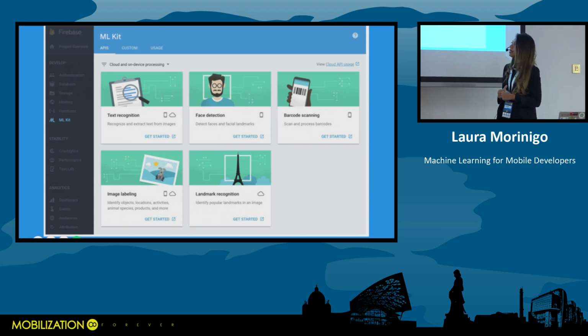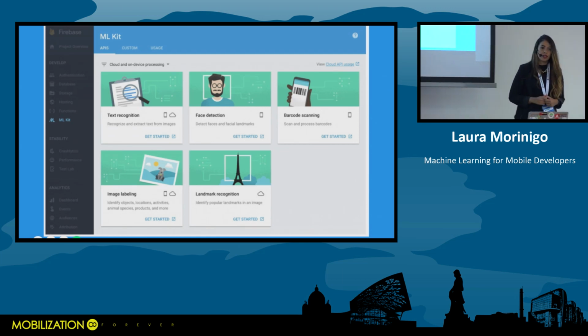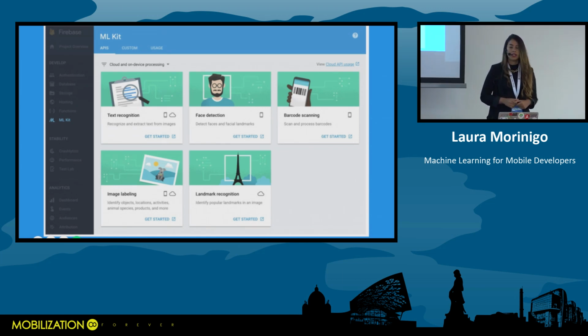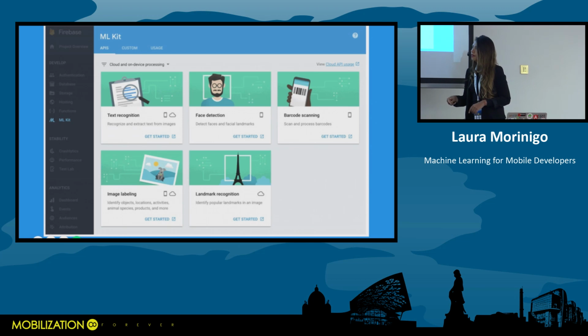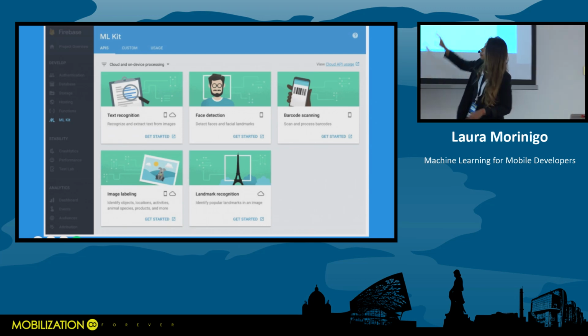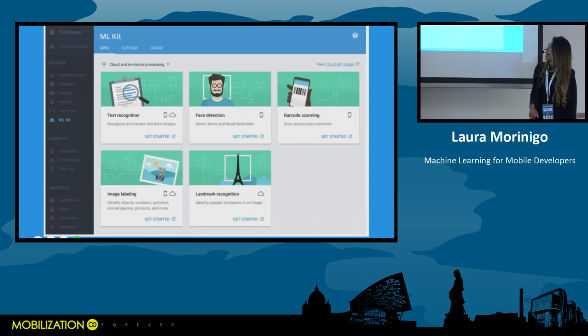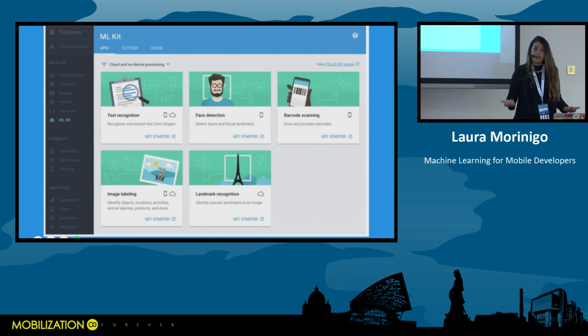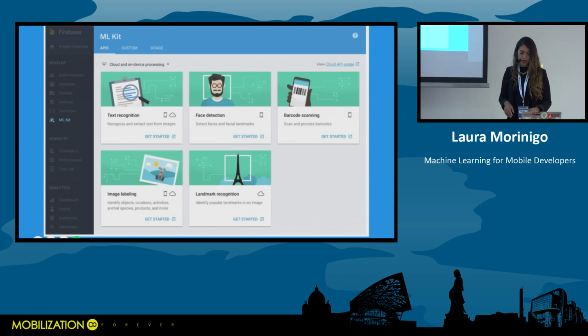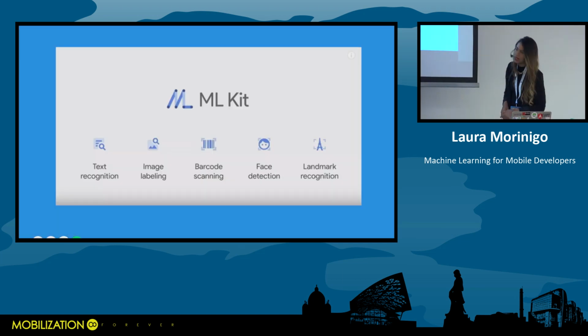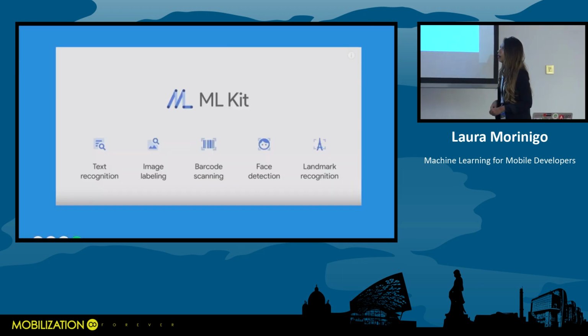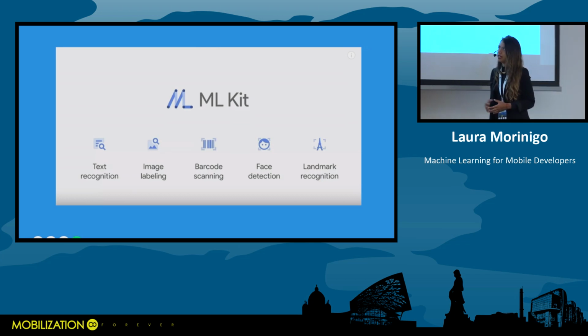Basically, we have different kinds of features that we can already use, like image labeling and landmark recognition. I'm going to talk more about image labeling. And then you can use face detection and some other features. But let's see a little bit about how you can use Machine Learning Kit.